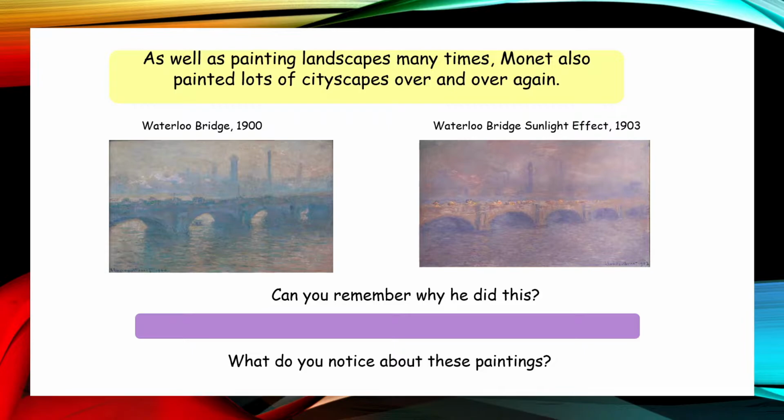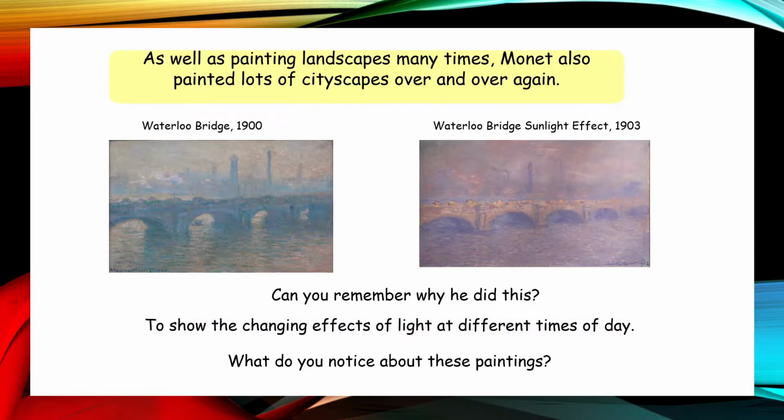Now, can you remember why Monet painted pictures of the same thing at different times? That's right. He really liked to show the changing effects of light at different times of day and at different times of year. What do you notice about these paintings? That's right.